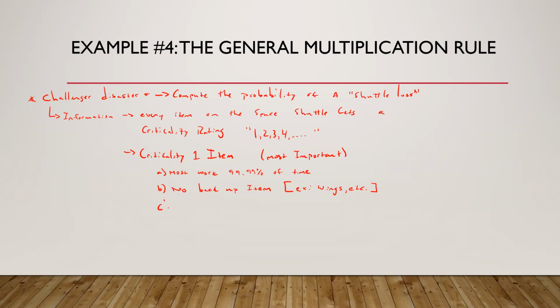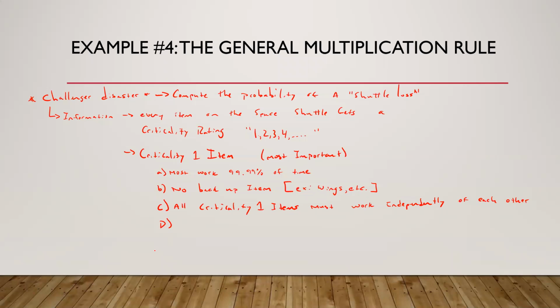And the other thing is they must all, criticality 1 items, must work independently of each other. What that means is the system that monitors the wings doesn't monitor the landing gear.